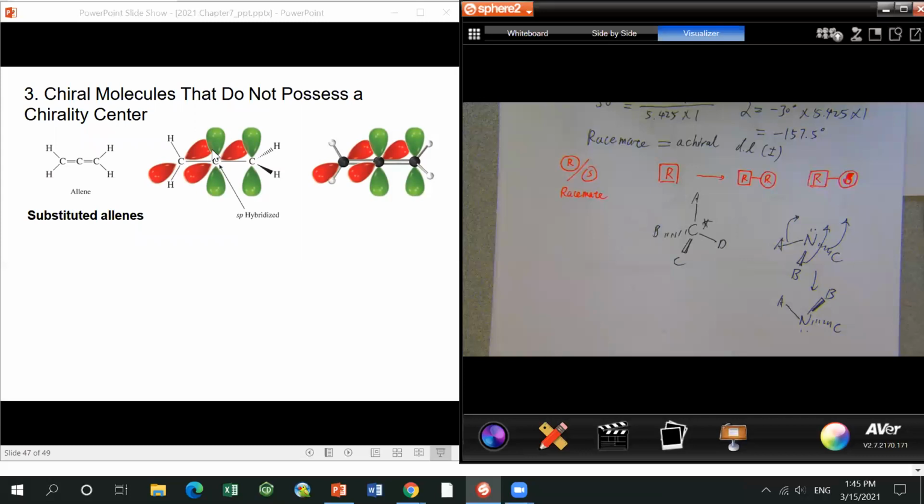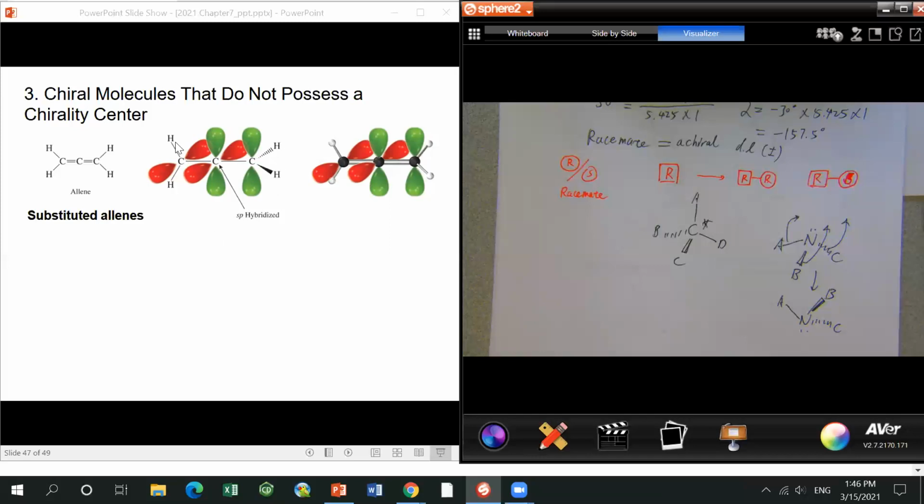The center carbon is sp hybridized, and the two terminal carbons are sp2 hybridized, because of the special arrangement of the pi bonds. The two hydrogens on this carbon and the two hydrogens on that carbon are actually not in the same plane. They are in planes perpendicular to each other, so one is going out, one going inside.